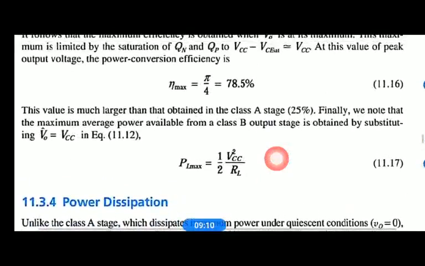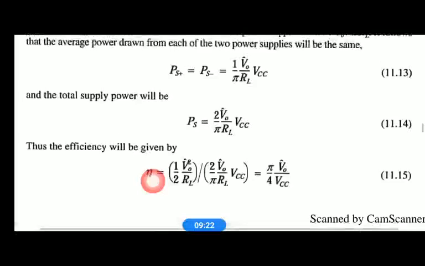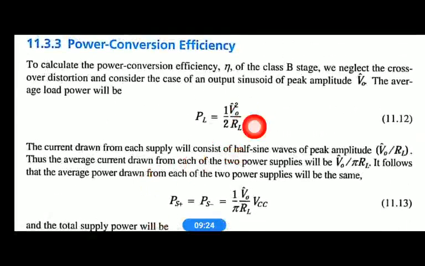So here see, one more formula we are getting, it is the maximum load power. Maximum load power you can achieve when V0 is equal to VCC, which is the maximum output voltage you will get. The load power PL is half of V0 square by RL.